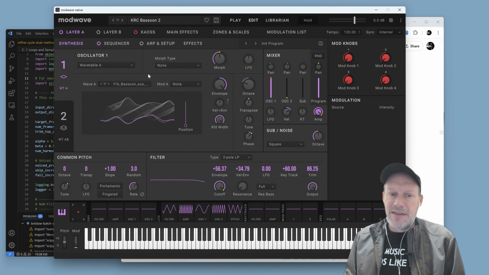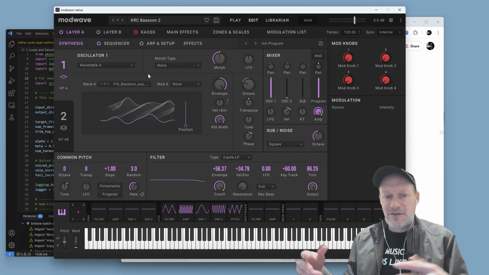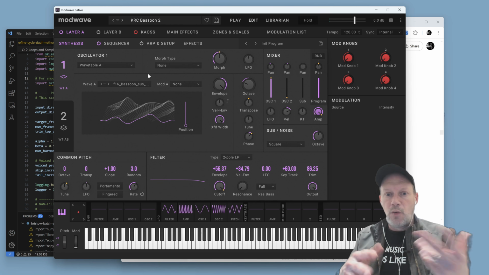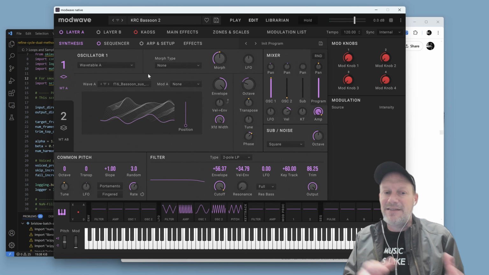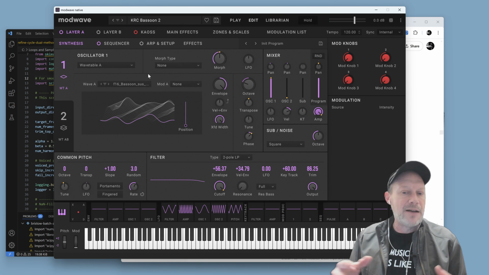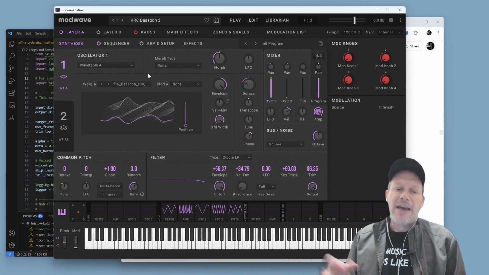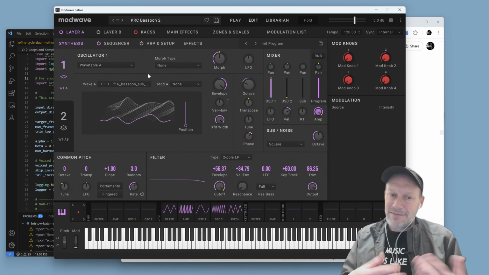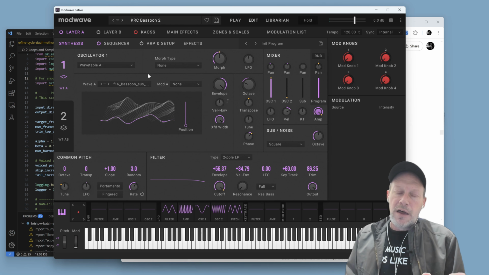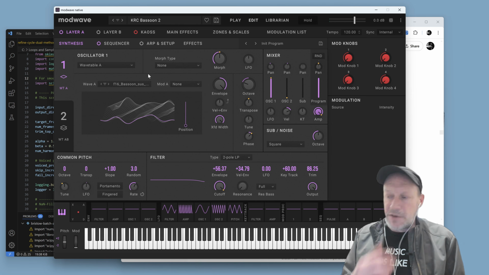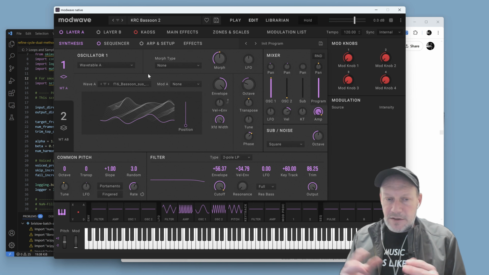And then once we've got single cycles extracted, figure out which ones we're going to use in the wavetable, resample them to 2048 samples in length, 32-bit, and then assemble our wavetable. Save it out.